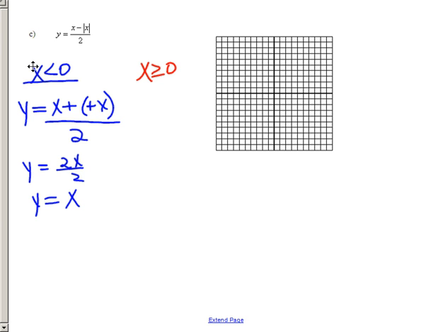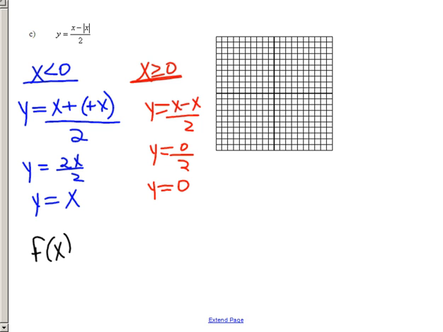When x is greater than or equal to 0, the number's already positive. Just leave it alone. So we get x minus x over 2, and that is 0 over 2, which is 0. That's it. If we write this in its piecewise format, here's what it's going to look like.